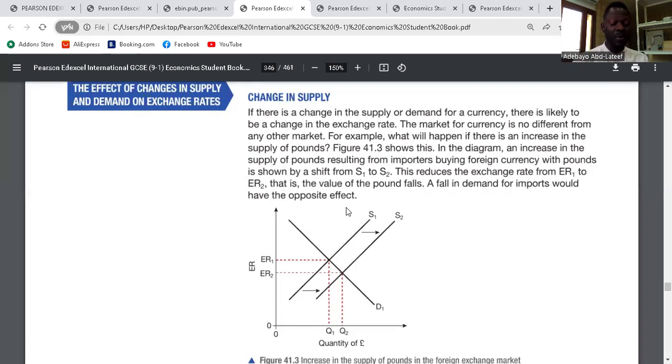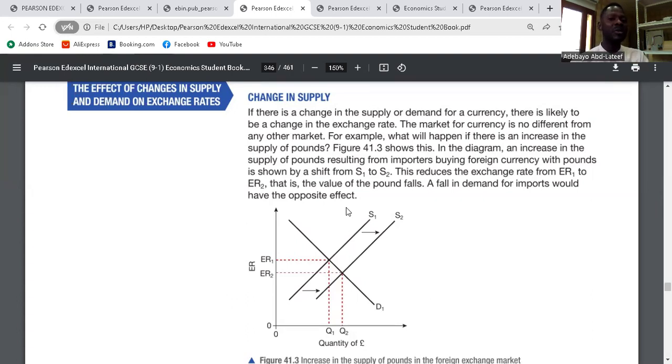We already know that the foreign exchange rate is determined by the supply and the demand in the market. It's just the same as goods and services, demand for and supply. It's always the market forces of demand and supply that determine the exchange rate, and the price of goods and services too. So for the exchange rate, the main example is the UK pound.